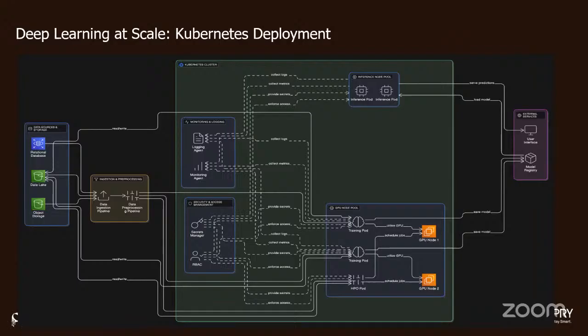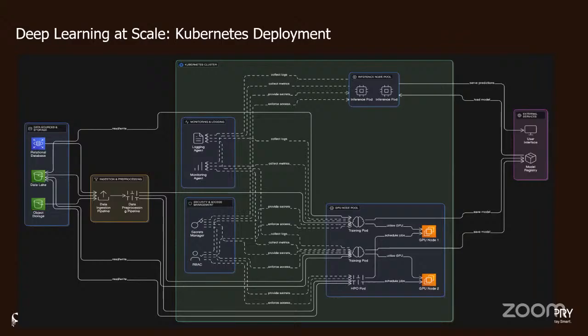After that we have the external services, which are your user interface and model registry. The user interface is the front end for stakeholders to interact with and get predictions. Then the model registry stores the trained model, manages the versions, and integrates with the inference pods.